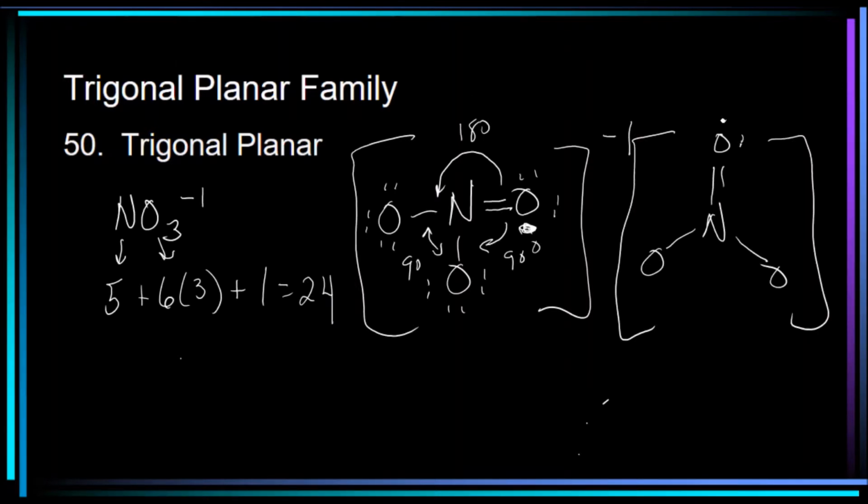So that is correct now. You all agree? 120? Okay, that is called triangle in a plane. Trigonal planar. And it looks like this. So if you have three sides, what is the shape? Trigonal planar.